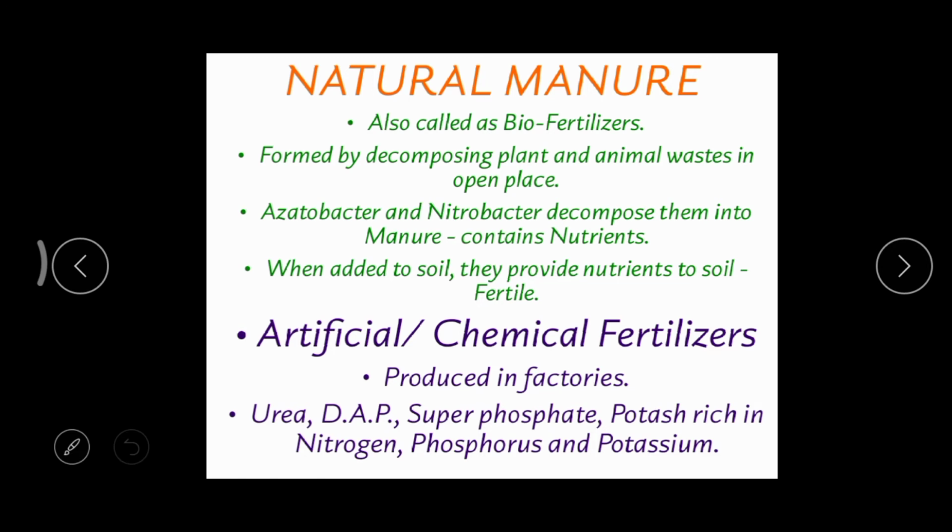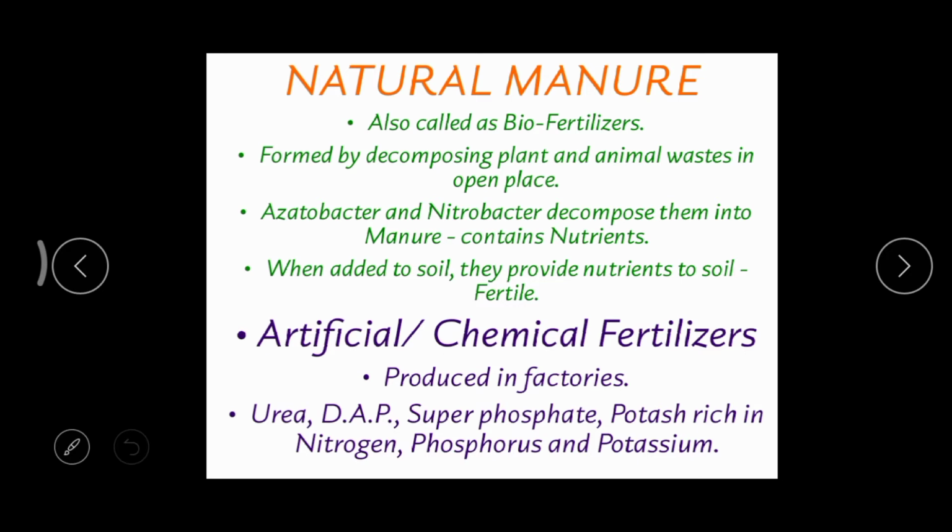So natural manure. What is meant by natural? Natural means these manures are prepared from naturally available substances, which are available from nature. For example, take plants and animals. Whatever products we get from plants and animals, like plant materials such as fallen leaves, branches, stems, roots, flowers, fruits. These are said to be plant materials.